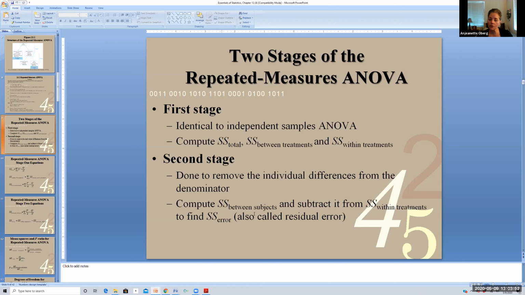To do that, we calculate the between subjects sum of squares and subtract that from our within treatments sum of squares. What's left over is our sum of squared error, and that's what we call our residual error. So we're taking all of this within groups error and fragmenting it out in that denominator.